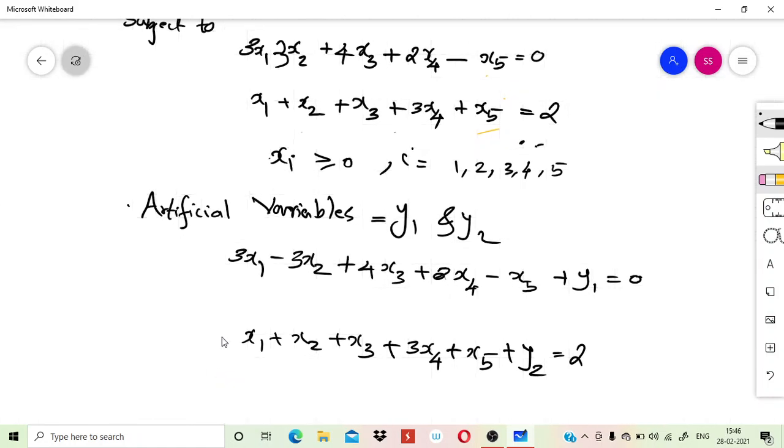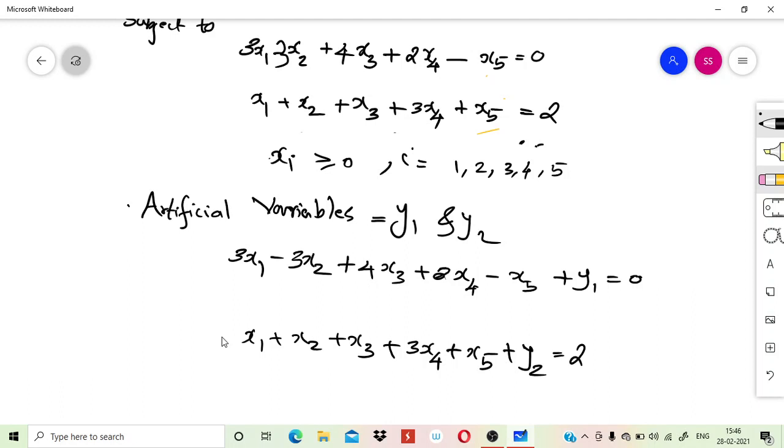Normally if you add artificial variables on the left hand side, you should add the same thing on the right hand side also, right? That is what our math says.